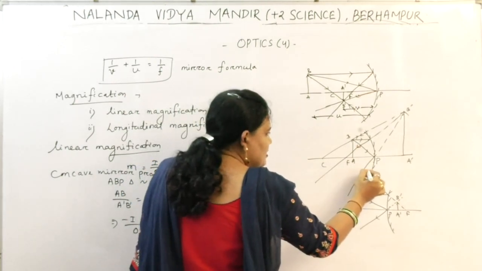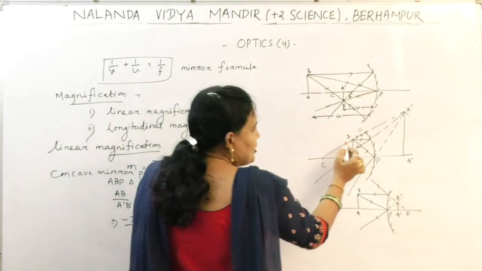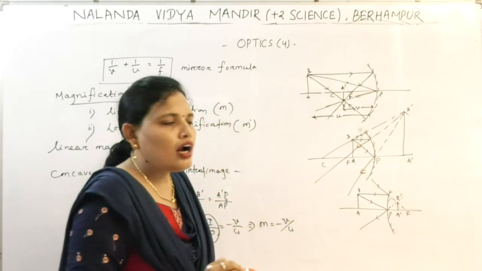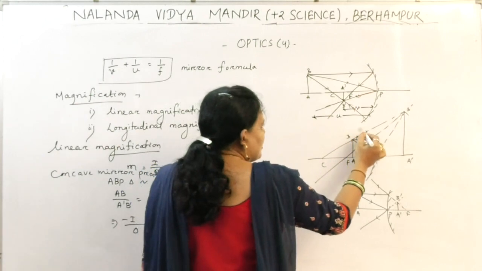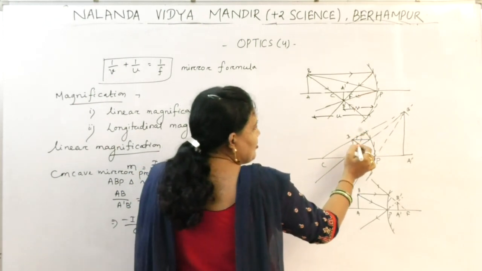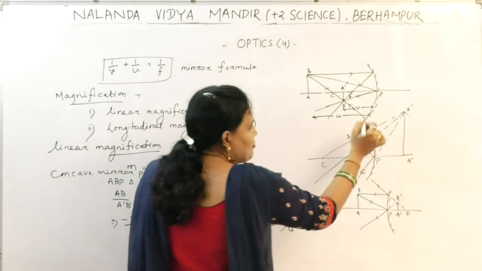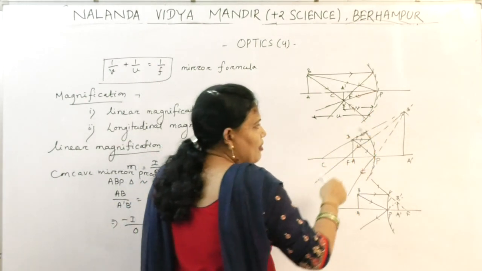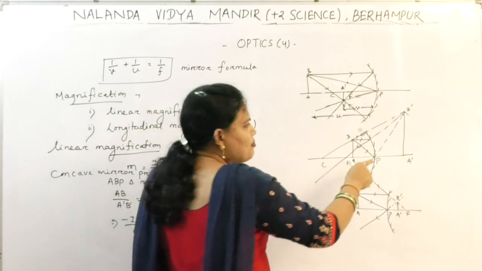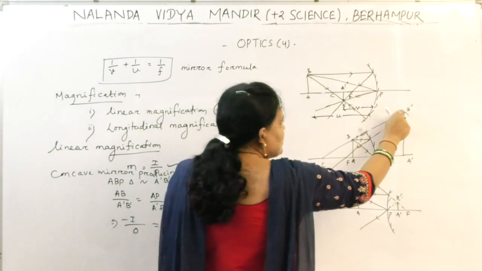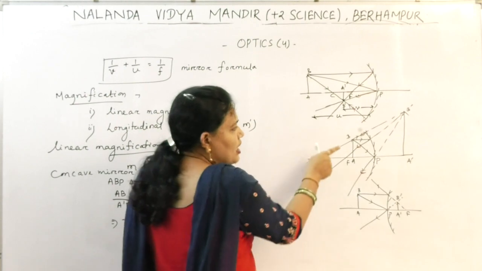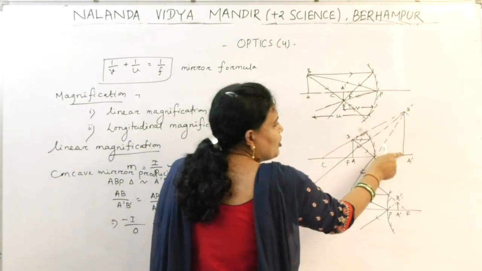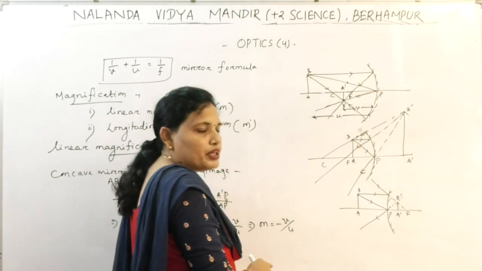So this is another reflected ray. The ray which passes through the center of curvature after reflection passes undeviated. So this is your third ray. All the three rays after reflection diverge from each other. So when they are produced in the backward direction, they appear to meet at this point. So this is the position of the image. Now this is the object, and for this object, this is the virtual image A dash B dash.